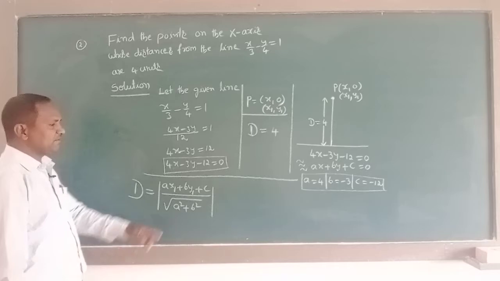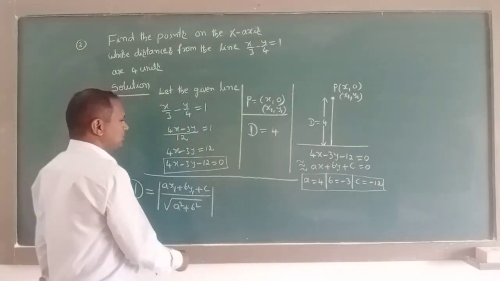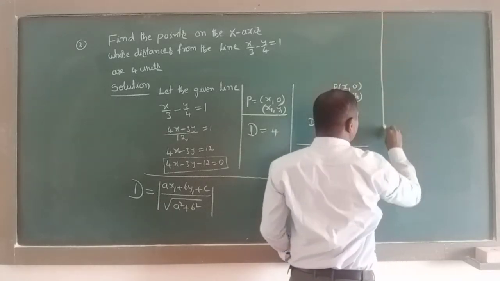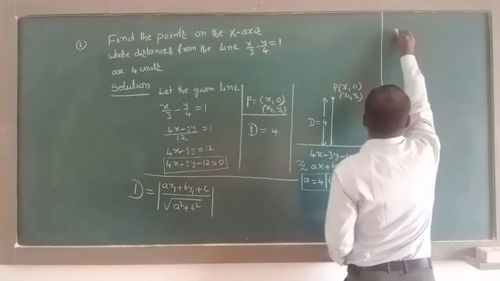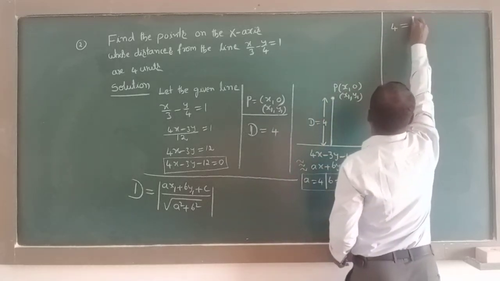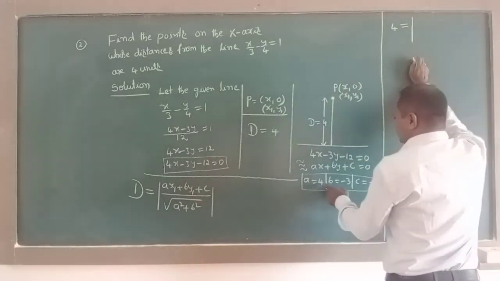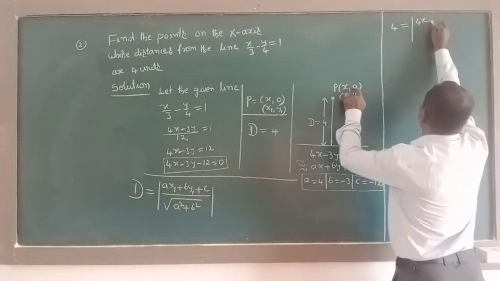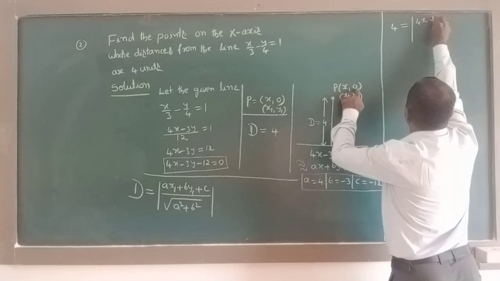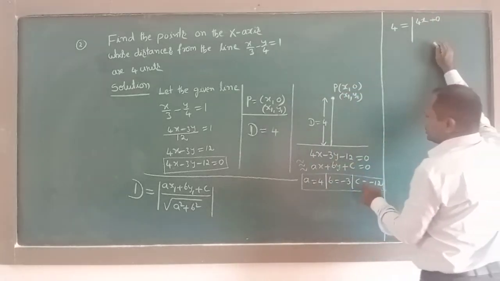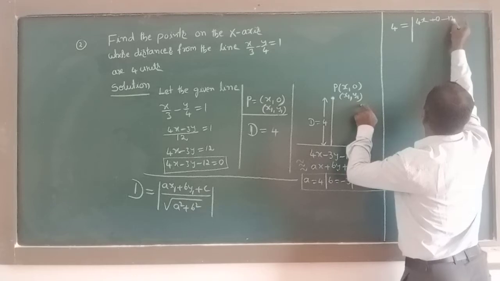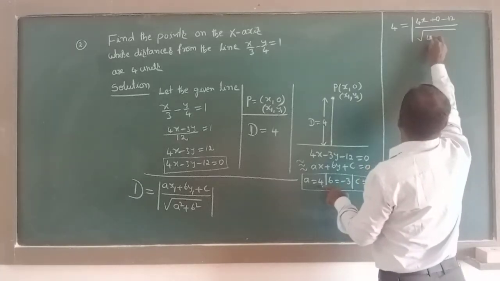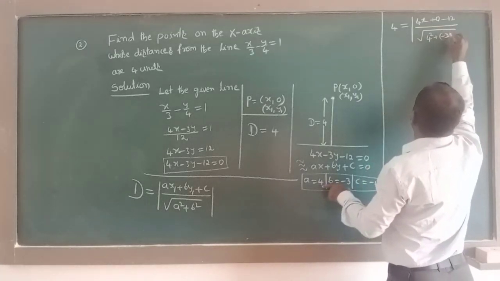Now what is the D value here? 4. Now I'll give the solution here. 4 is equal to modulus of ax1, 4 into x, 4x, plus minus 3 into 0, that is 0, next c value is minus 12, whole divided by square root of a square, that is 4 square plus minus 3 whole square.